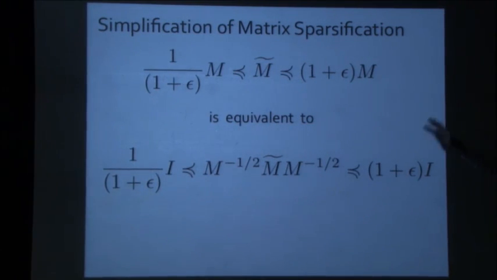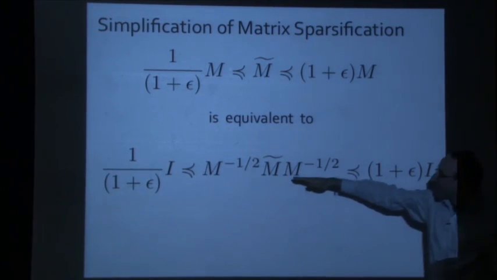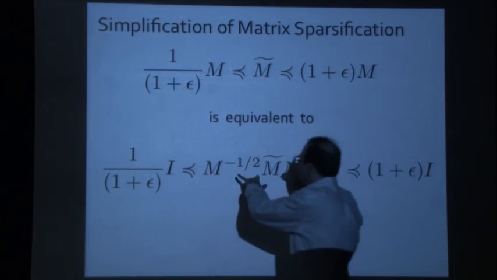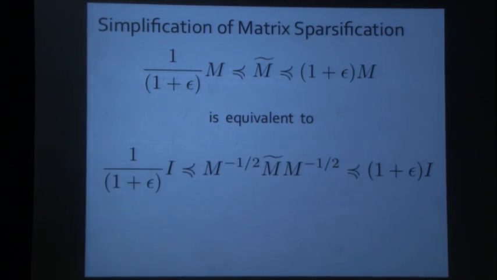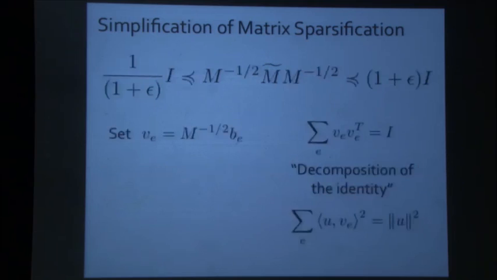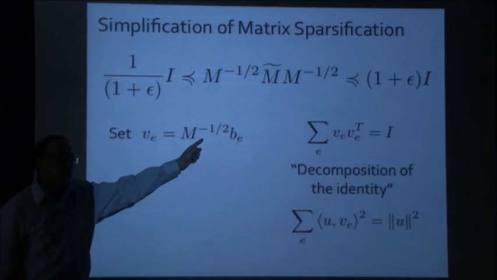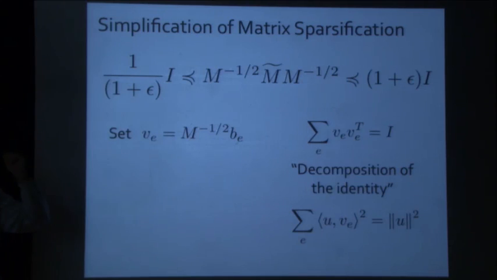It turns out this is the same thing as approximating the identity by this term in the middle, which is slightly complicated: saying that M to the minus 1/2 times M tilde times M to the minus 1/2 approximates the identity. But this normalization makes our life much easier. So that's how we will translate the problem. What that corresponds to doing is, for every single vector, multiplying the vector by the square root of M inverse.